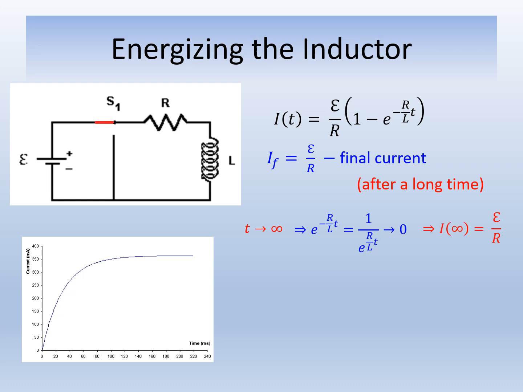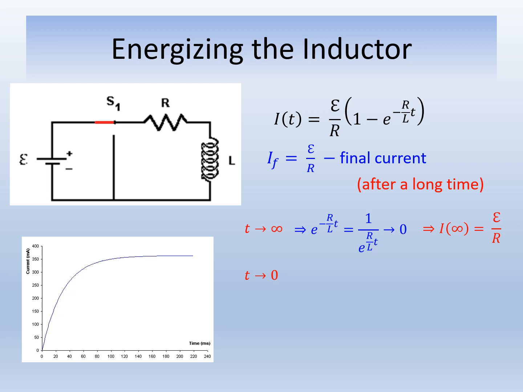You can see that if the exponential term is 0, then the current is given by Ohm's law, the battery potential difference divided by R. And that can happen only when t goes to infinity. You can see that when t goes to infinity, the exponential term is 1 over e to the something large, and that is 0.